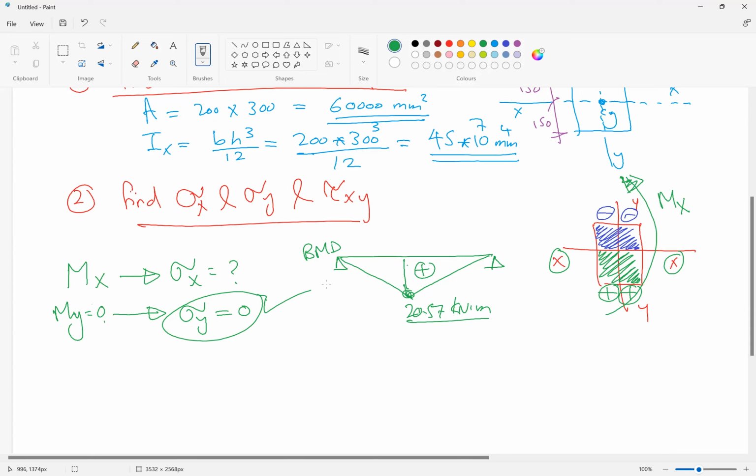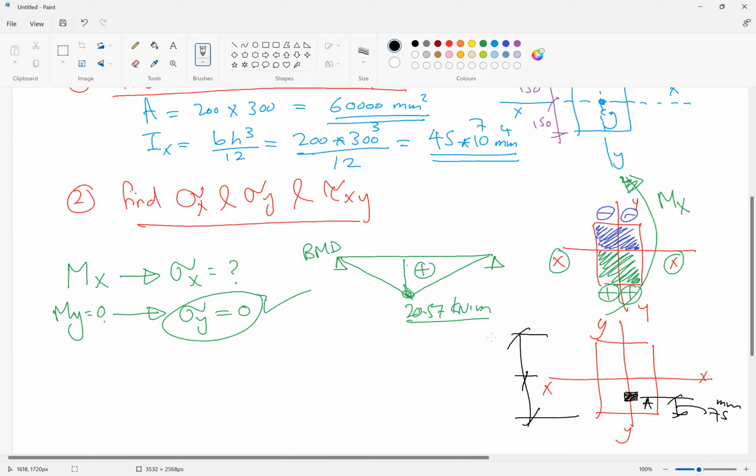So if we look at this cross section again, this is the y axis, this is the x axis. This is point A, somewhere here. Point A is 75 millimeter from the bottom, as given to us. The cross section is 300 millimeter in total, so this is 150 millimeter, 150 millimeter.